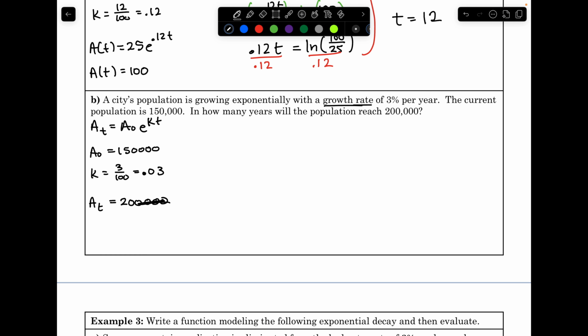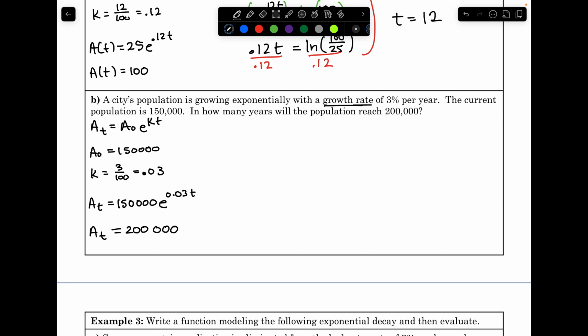Well, let me first write the model on top. The model that represents the scenario is A of t equals 150k e to the 0.03t. And the question is asking us to find a time where this amount is going to go up to 200,000, so another 50,000.